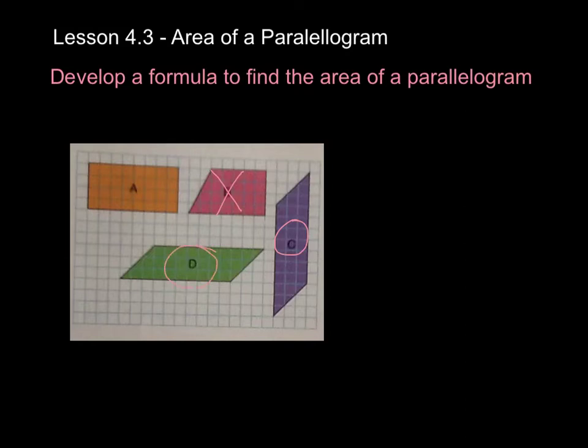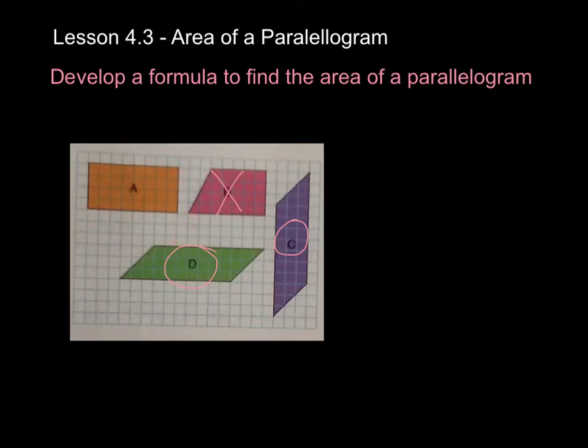And then we look at A, and A is a pretty familiar shape for most people. A is a rectangle, as we know. But let's think about, does A fit into the definition of a parallelogram? Is it a quadrilateral, does it have four sides? Yes, we know that rectangles have four sides. And are both pairs of opposite sides parallel lines? The top and bottom are definitely parallel lines, and so are the sides.